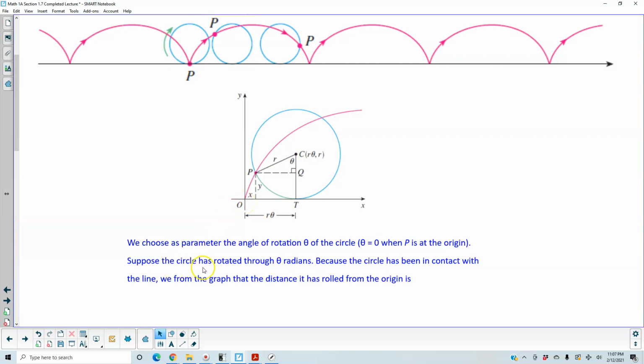Now, suppose the circle has rotated through theta radians. Because the circle has been in contact with the line, we see from the graph that the distance it has rolled from the origin is the following. So from here, here's the circle from the origin, and the circle has moved. And so we have this arc here, PT.